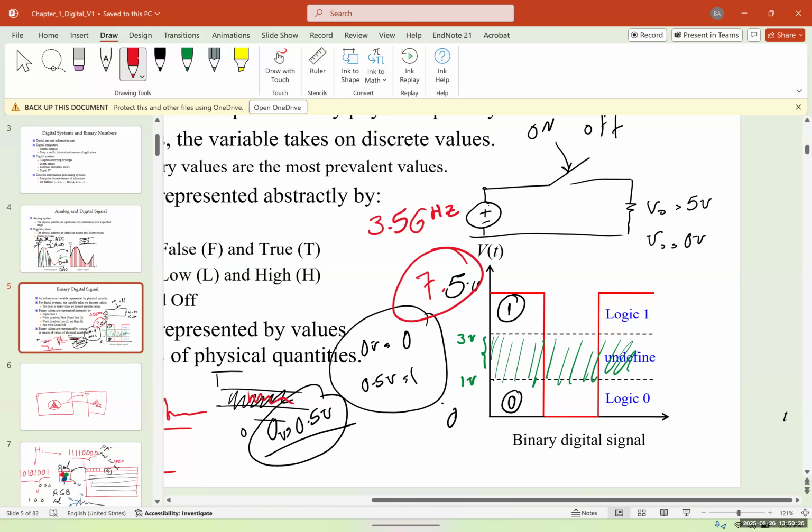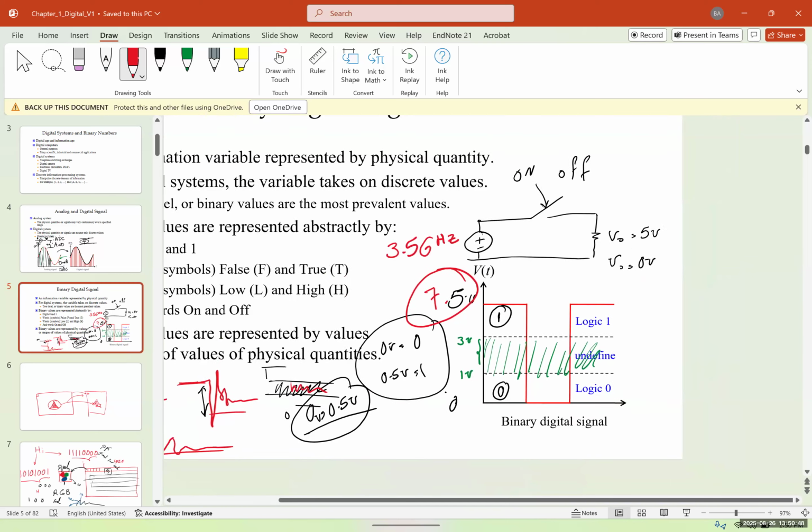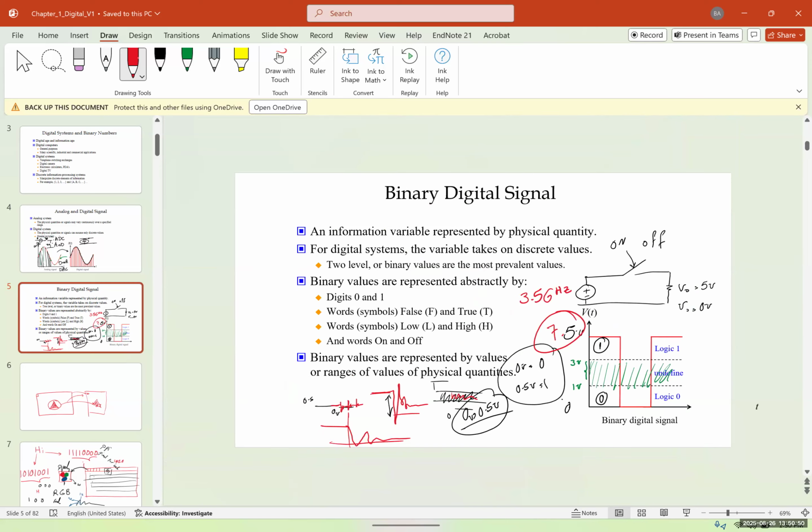We want to maximize our frequency and the frequency response. Therefore, we're going to have a faster system. So when you have a lower voltage, you have faster, more efficient, but you can't go too low because you need to have an undefined region or a threshold between your upper level and the lower level. Okay. Does it make sense? Yes. Okay.